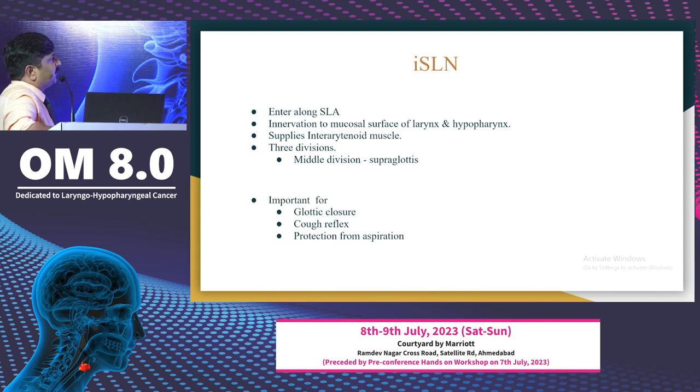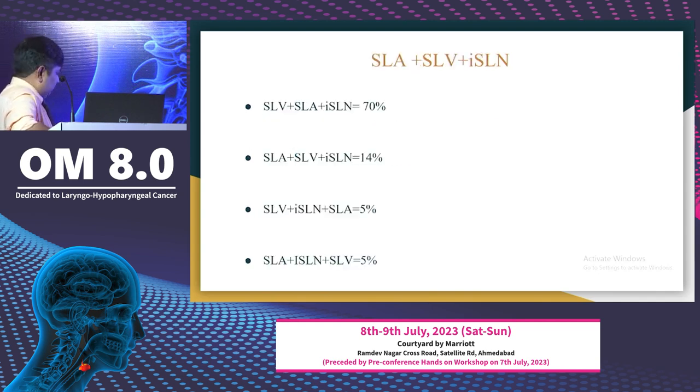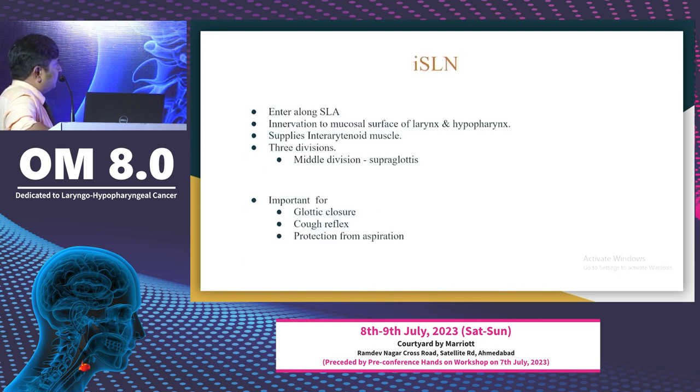Then the internal branch of superior laryngeal nerve. This nerve also enters along the superior laryngeal artery, innervates the mucosa of the surface of larynx and hypopharynx, and supplies interarytenoid muscle. It has 3 divisions, and this is important for glottic closure, cough reflex, and protection from aspiration.